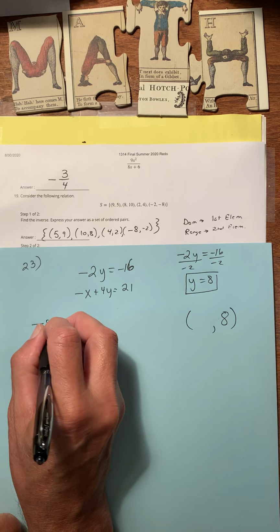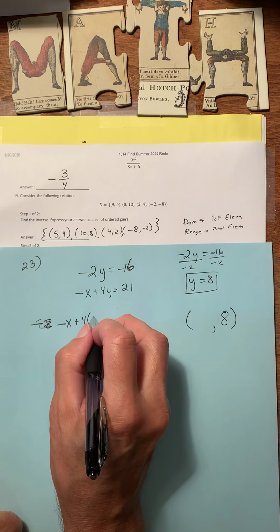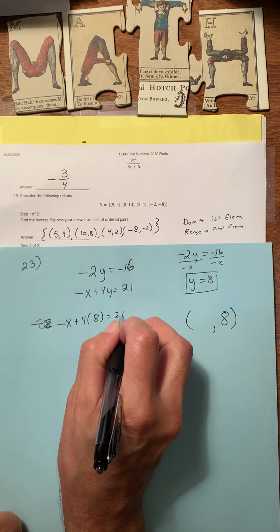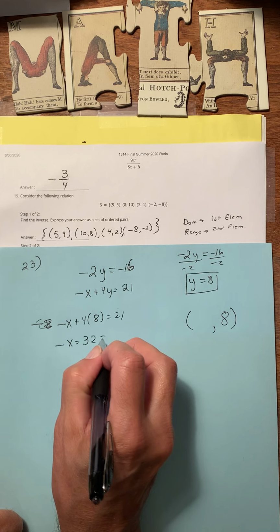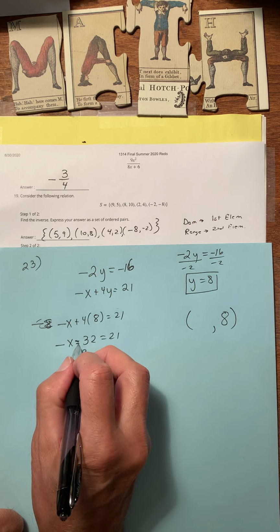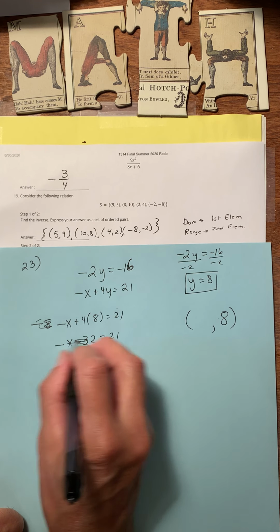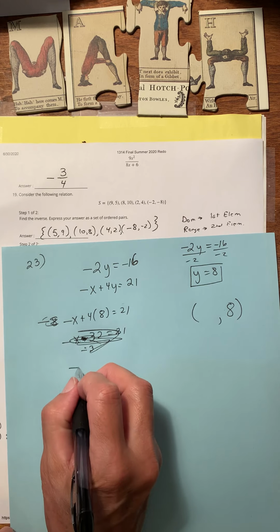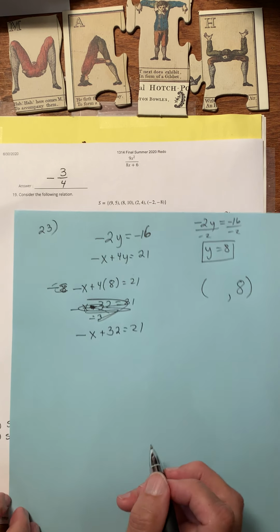So negative x plus 4 times 8. Yep, 32. All right. So negative x plus 32 equals 21.